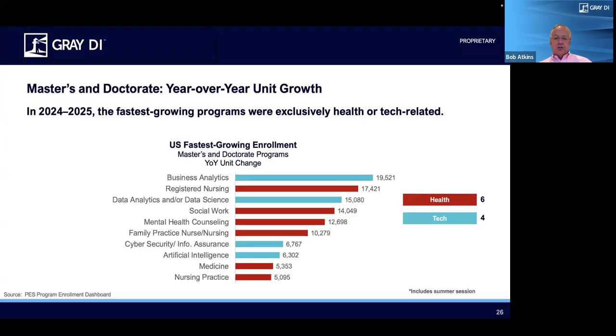So interesting trends there. Again, I'd highlight some of the big things here in terms of analytics, business analytics, as well as data analytics, some sustained trends around cybersecurity, a new entrant with artificial intelligence, and then a raft of health. This is very unusual to see this many health programs growing. They're all very large, but to see this kind of growth is impressive.